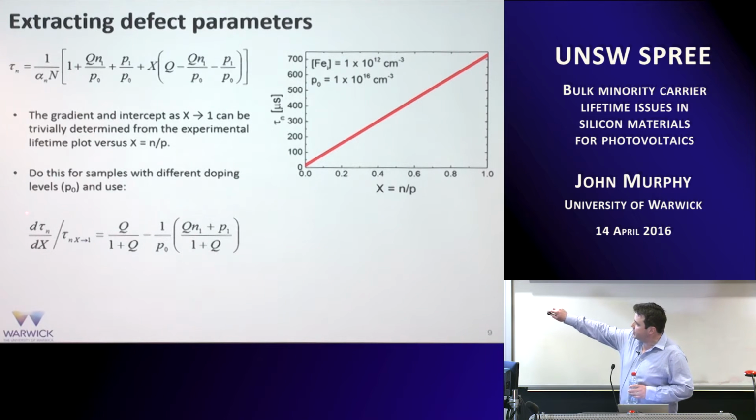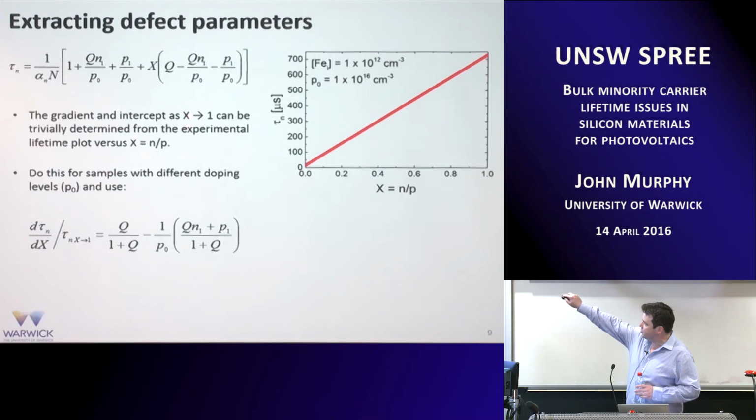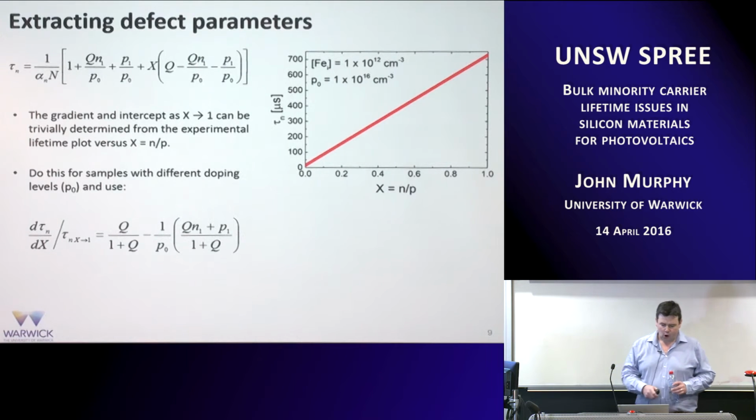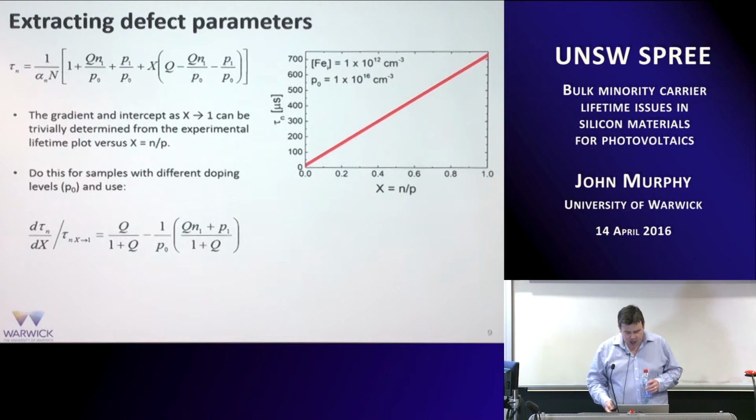So if we take the gradient and divide it by the high injection lifetime limit, we get something of this form. This is just using the equation: put x equals 1 into the equation, and certain bits cancel out, so the q and 1 over p naught cancel with that bit, and this bit there cancels with that bit there, and you have a very simple expression for lifetime.